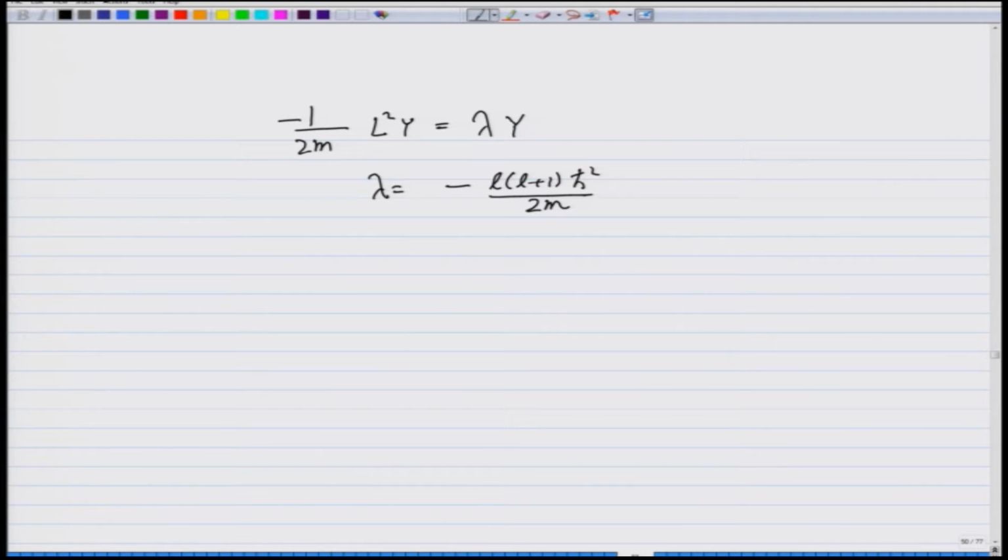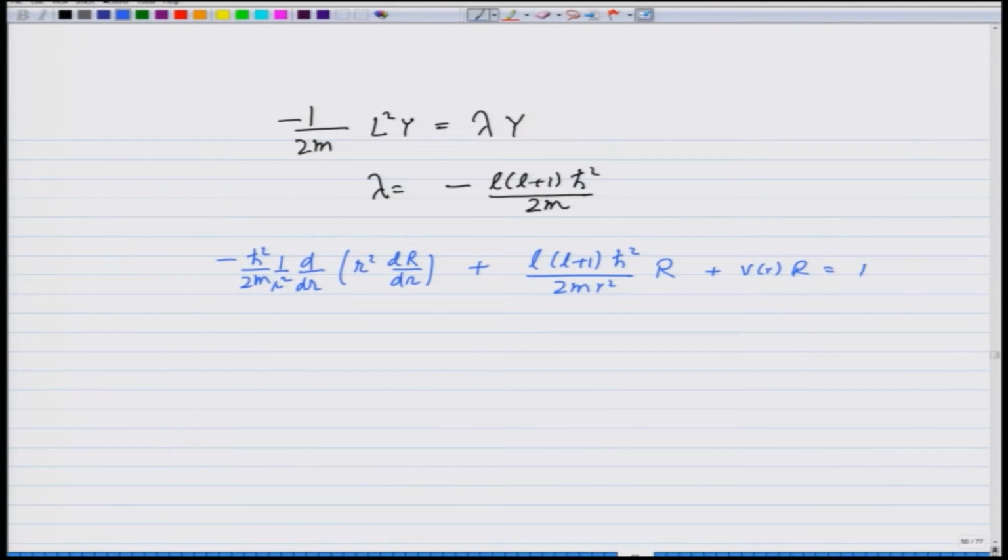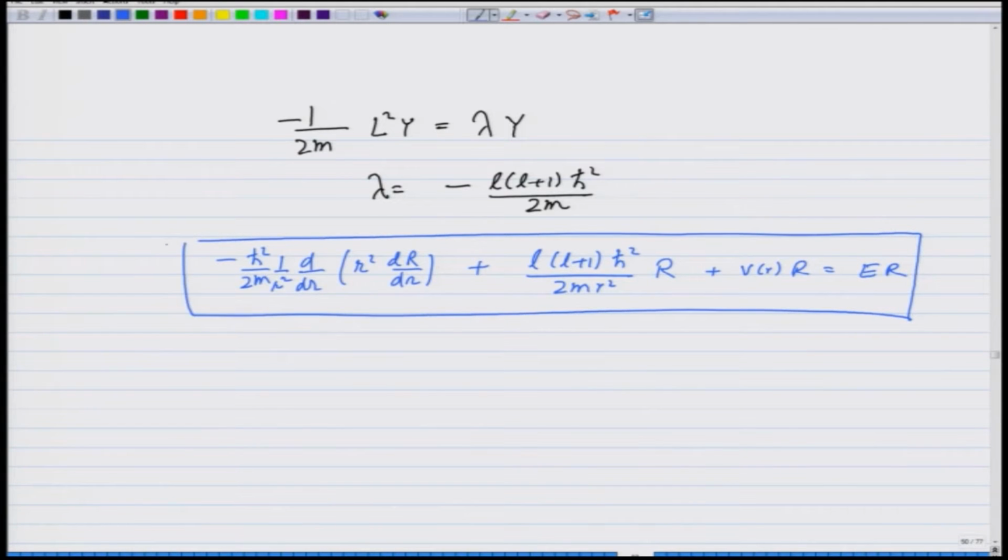And you bring it back to the R equation, and the equation you end up getting is minus h cross square over 2m d by dr of r square dR by dr, and there will be a 1 over r square in front, plus l(l+1) h cross square over 2m r square R plus V(r) R equals E R. So, the energy E depends on l and radial function R only.